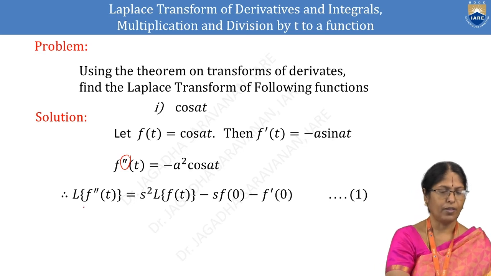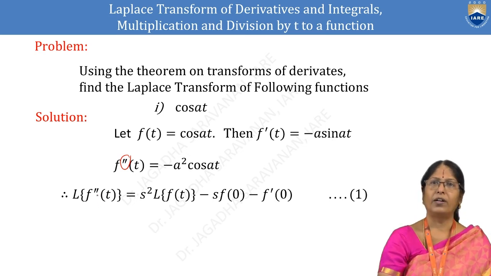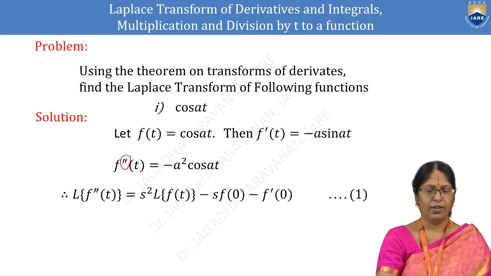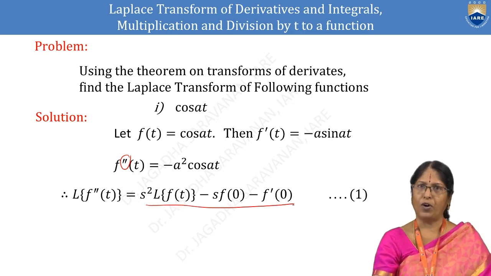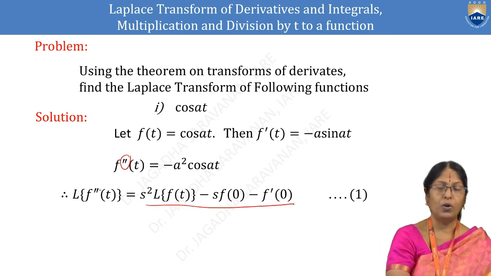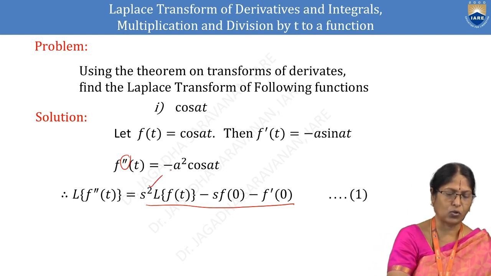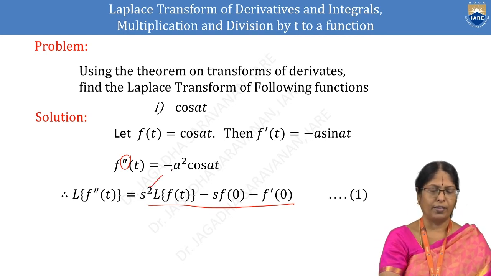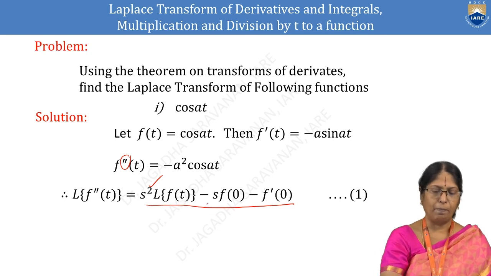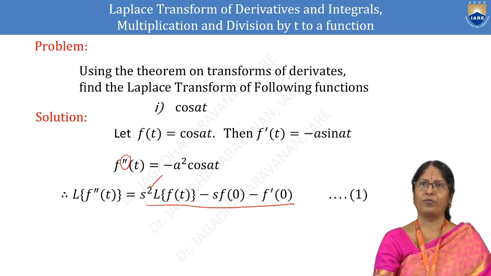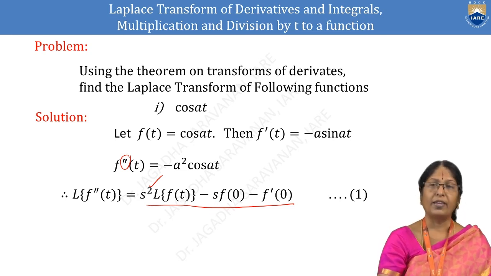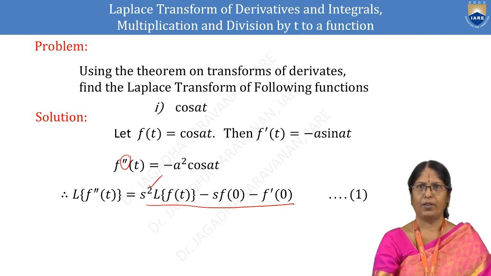Fine. L of f double dash of t. This is the derivative formula. If it is the 2nd derivative, then we will start with s square. Then L of f of t minus s into f of 0 minus f dash of 0.